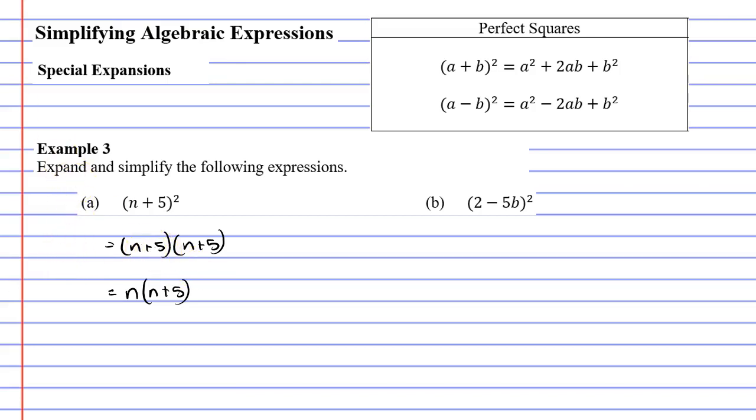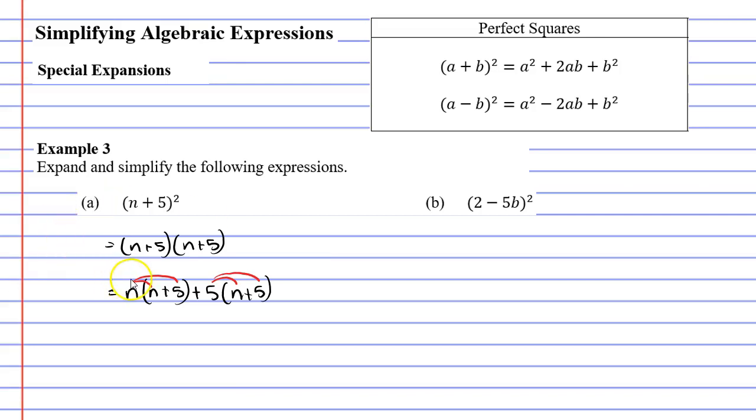Then we've got plus 5 second, and we write the second set of brackets again, n plus 5. So we're going to multiply the n by the n as well as the 5, and we're going to multiply the 5 by the n as well as the 5.